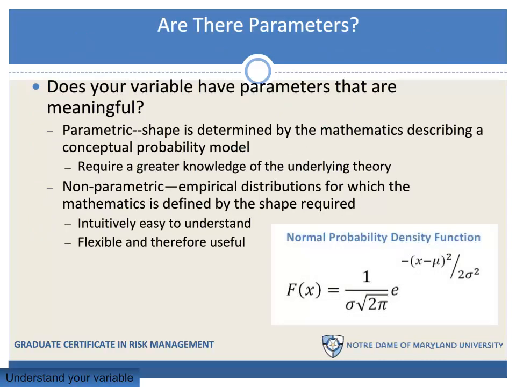Let's begin our discussion by looking at that normal probability density function down in the lower right. This is a function that describes the normal distribution for a variable x. So x is the variable of interest. It would be, let's say, water temperature, and it's going to take different values. When we look at that function, we see x appears in there. So that's the variable piece. But everything else in that function is a constant. 1, 2, pi, e.